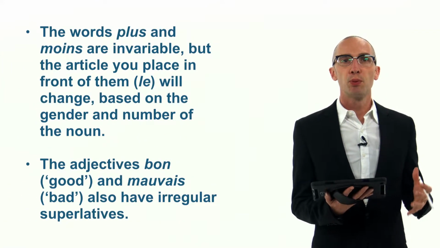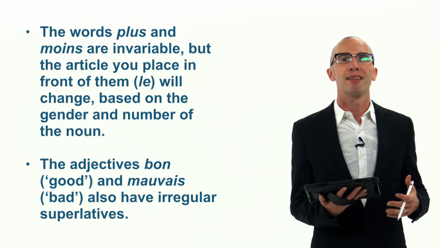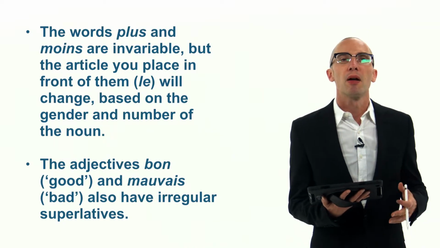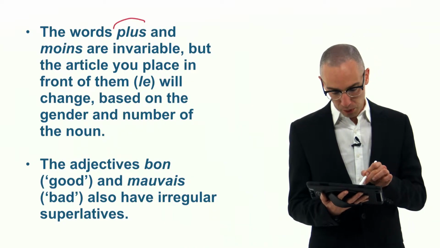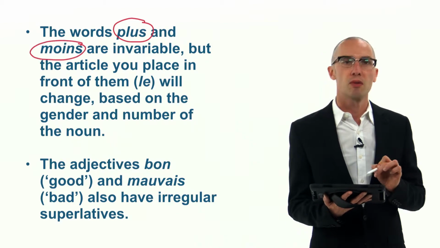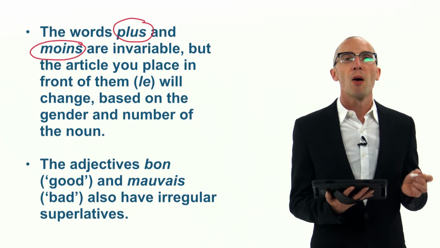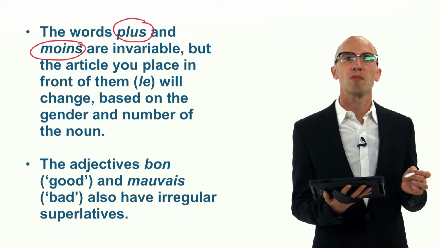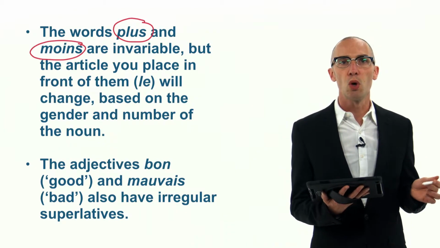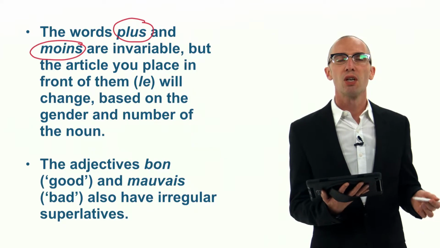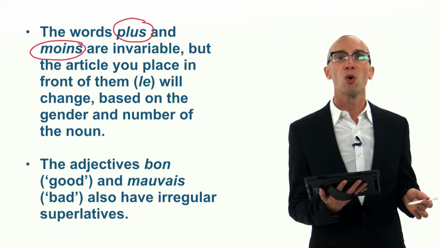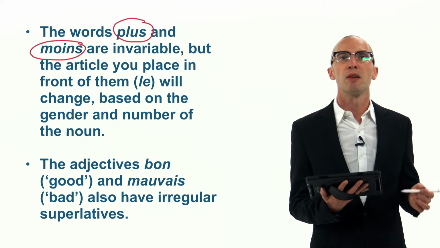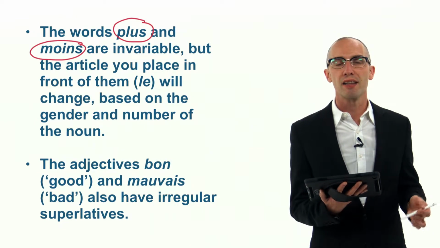The words plus and moins are invariable. So their spelling will always remain the same. But the article you place in front of them, so in the example I gave you, le plus grand, so this word, the article, will change, again, based on the gender and number of the noun.